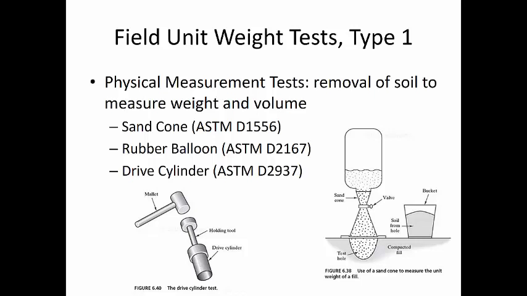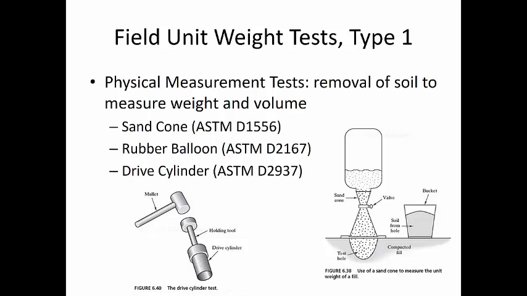You can determine the volume of the hole that you dug, and you can do a comparison of the weight of the material that was removed to the volume of that hole, and determine the moist unit weight, and then take a moisture content of the soil that's excavated, and then determine the dry unit weight. Compare that to the laboratory maximum dry unit weight of that specific soil.